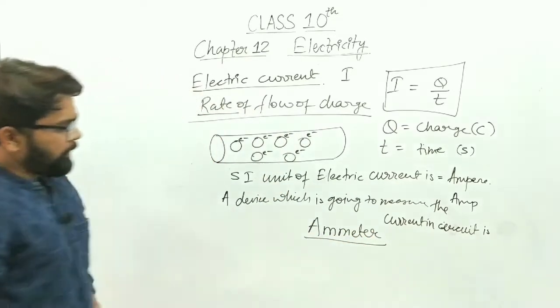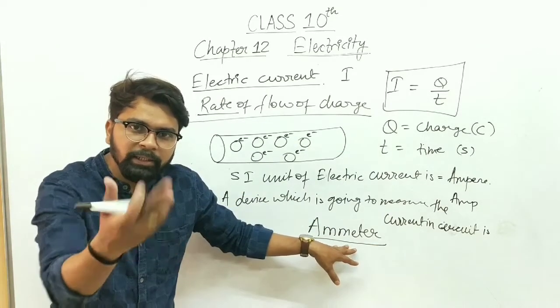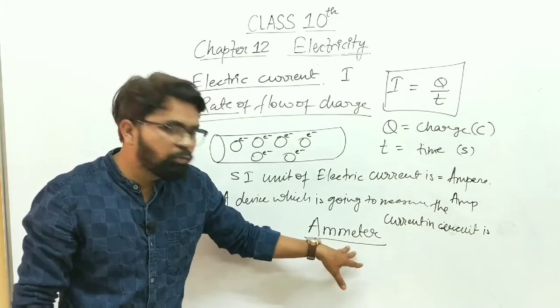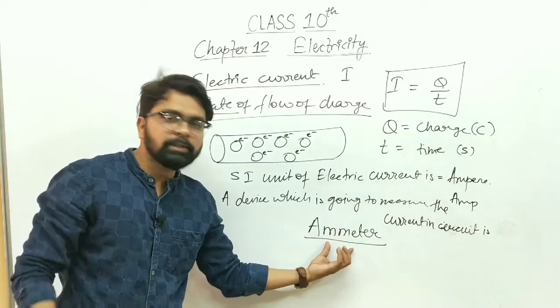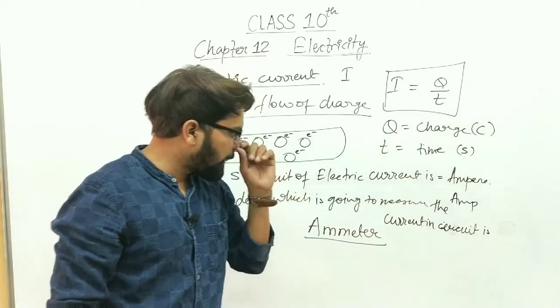Why am I again emphasizing this term ammeter? Because it is frequently going to be used in electric circuits. So you have to be aware of that terminology, that is ammeter. A device which is going to measure the current in a circuit is called what?